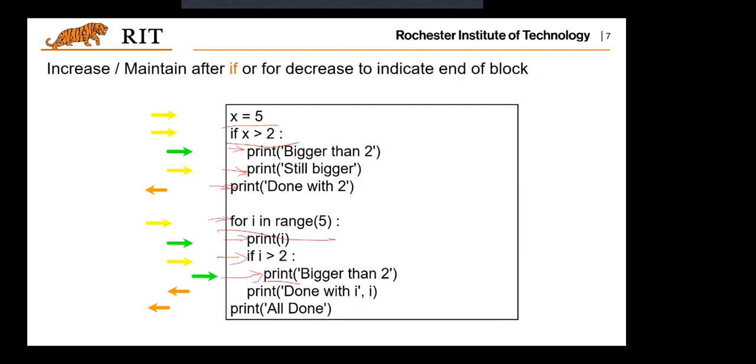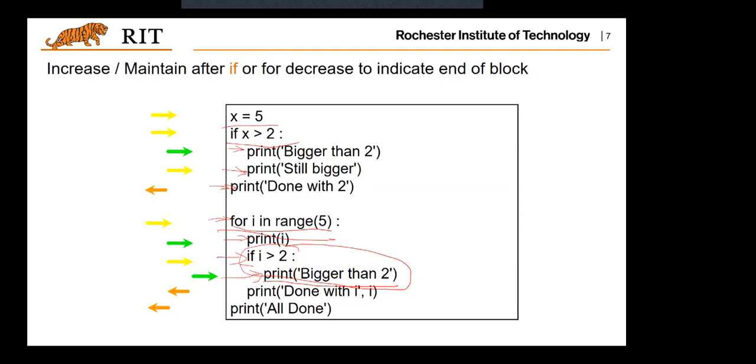So this print actually is under this if, but the whole conditional step is inside this for loop, right? By looking at the indentation, you can easily tell their hierarchies, their relationship.